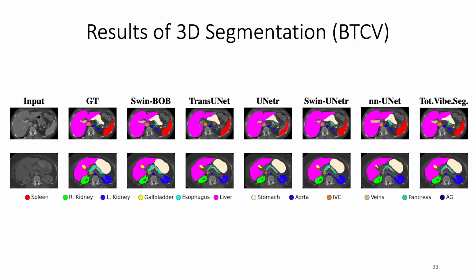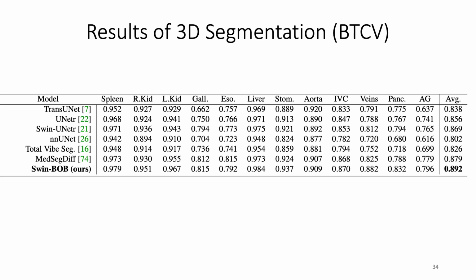Here we test the SWINBOB model on the BTCV dataset, showing great generalization on CT scans, even though it was trained on UKBOB and then fine-tuned on BTCV. The fine-tuned model on BTCV achieves state-of-the-art results on the standard benchmark for abdominal CT scan organ datasets.